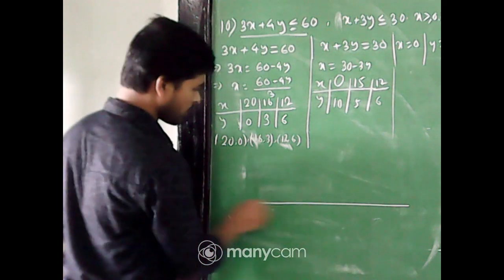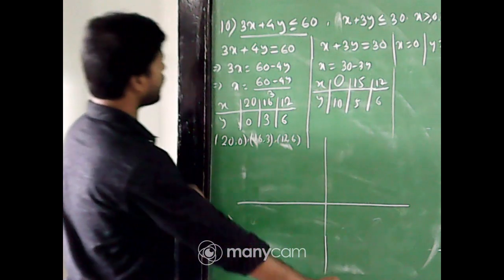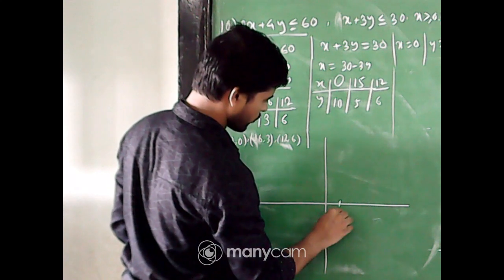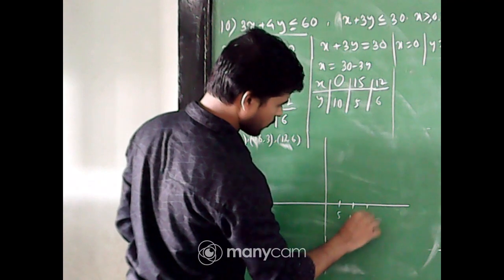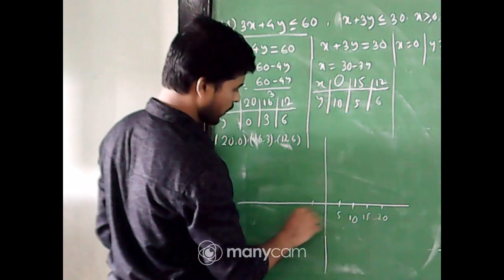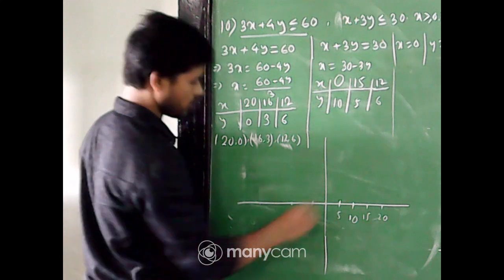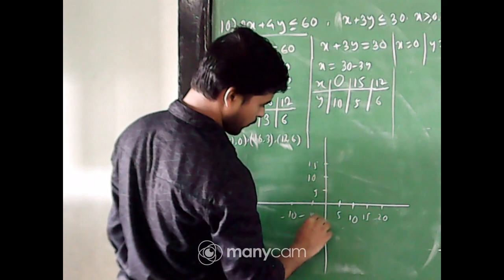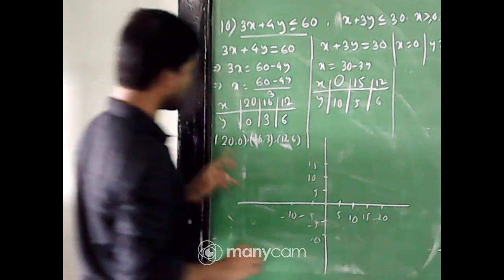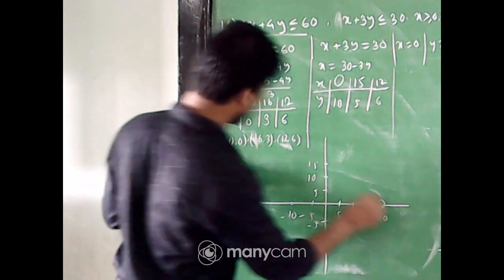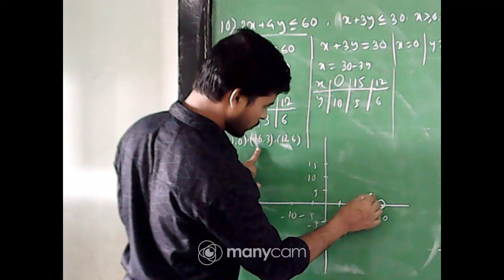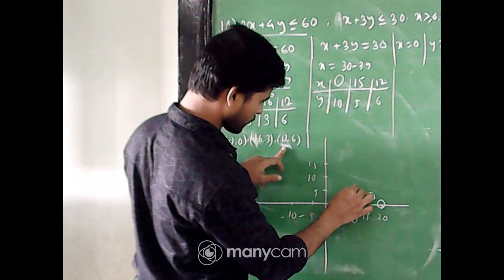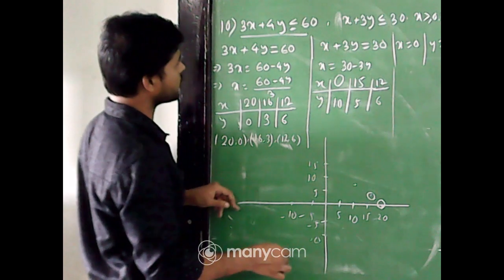On the axes we are taking a division of 5, 5, with 5, 10, 15, 20 and minus 5, minus 10. So the first point is (20, 0), which will be this point. (16, 3) will be approximately here, and (12, 6) will be here.